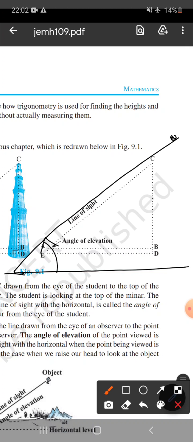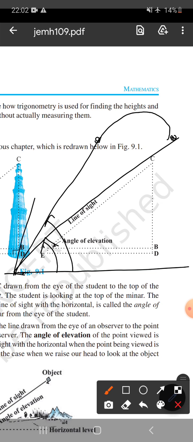Suppose that bird comes to this point after some time. It is flying in a straight line, and it comes to your top, and the moment when the bird reaches your top, the angle of elevation becomes equal to 90 degree.